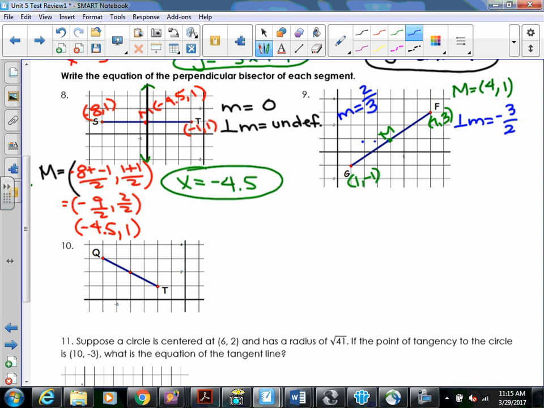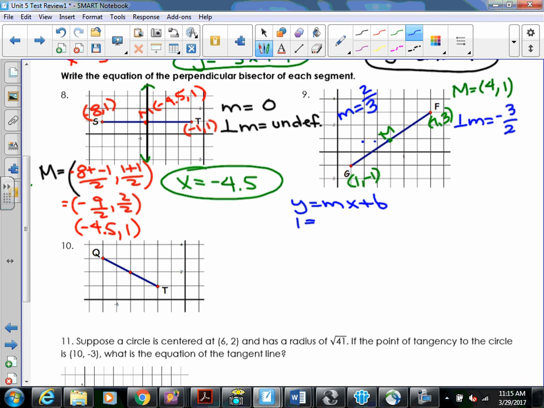So now we're going to do the same thing we did in those other equations with y equals mx plus b. What is my y? My y is 1, from the midpoint. What is my m?